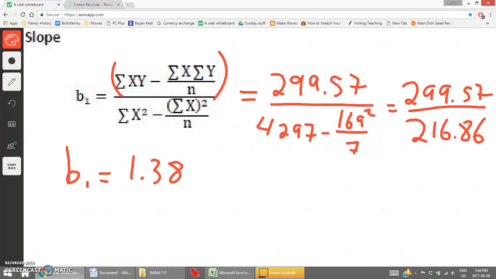Now the slope, of course, is rise over run. So what we should note here is that the slope is positive, which means that going left to right, if we were to do a scatter diagram for our data, it would increase from left to right. The line would rise more than it is running.